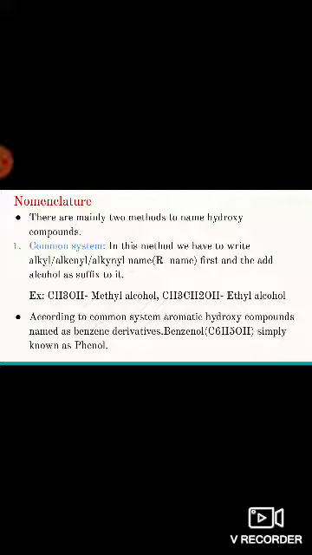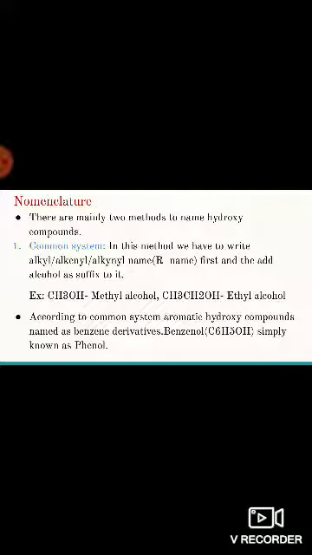The first one is the common system. In the common system, generally the hydroxy compound is named as alkyl alcohols in the case of aliphatic hydroxy compounds, and aryl alcohols in the case of aromatic hydroxy compounds.